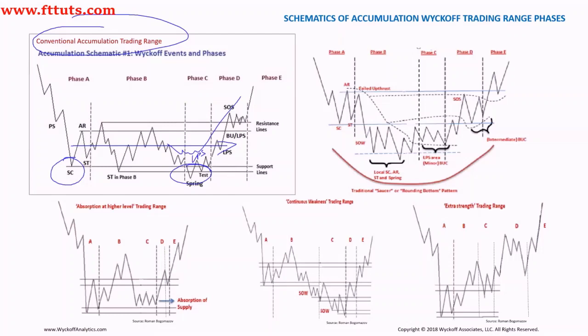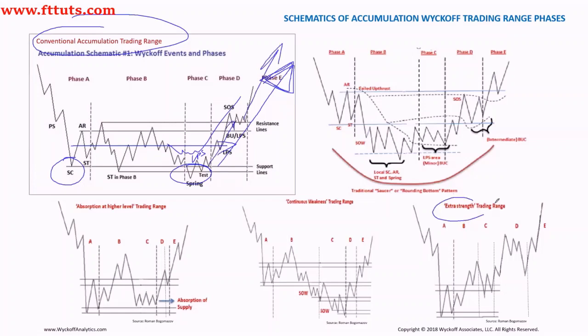So why is it different? Again, different urgency to accumulate. In the conventional schematic, the urgency is more as the price leaves the range. This is where the value becomes scarce, and institutions that are late are the ones that are going to push the price up.